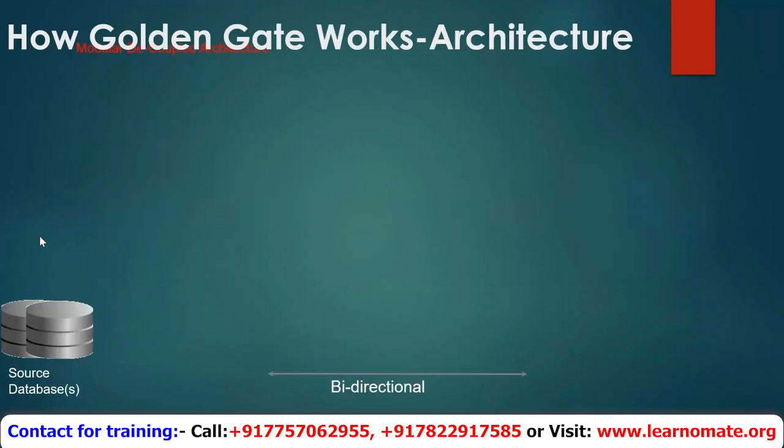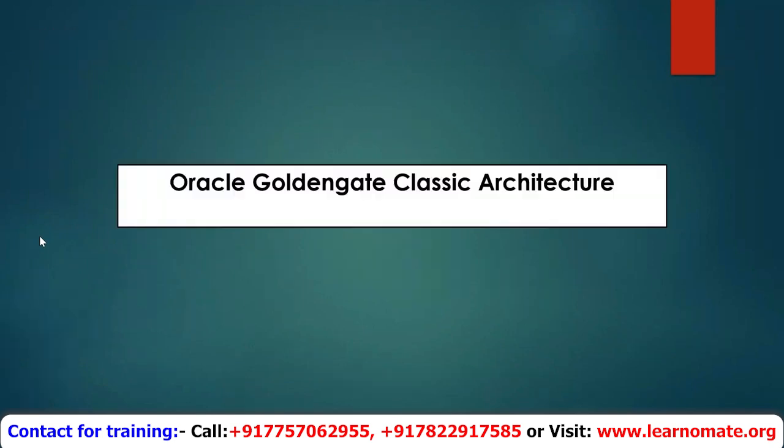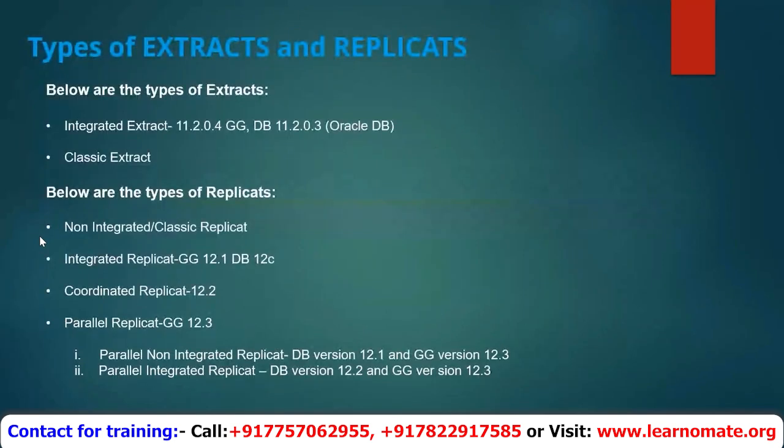So Ashish, why is parallel extract so much faster than classic? Again, this part we'll be discussing. We haven't so far configured or discussed what extract and replicate are yet.